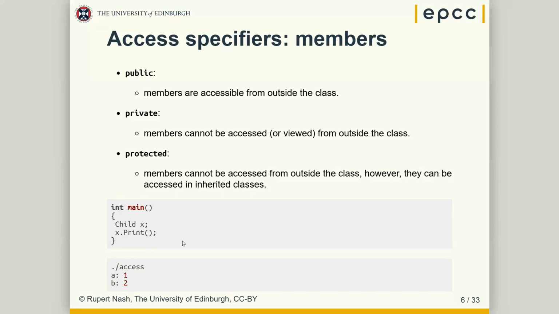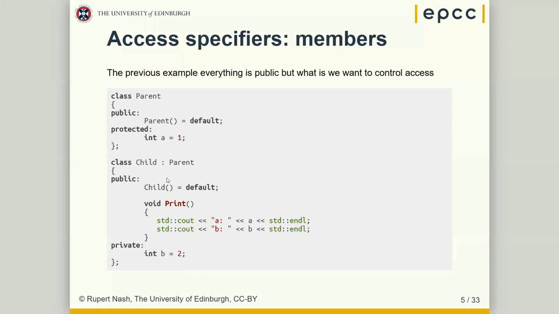So if we just look at this example at the bottom, if I have a new program which has got a child X, an instance of the child class called X, and we call print on it, it's going to print both A and B correctly. And that's because child can see the element A is equal to 1.